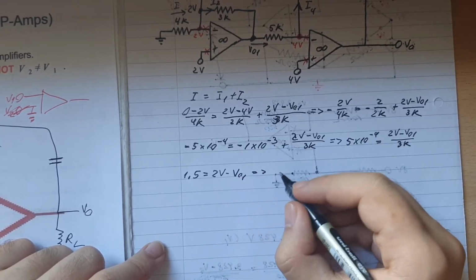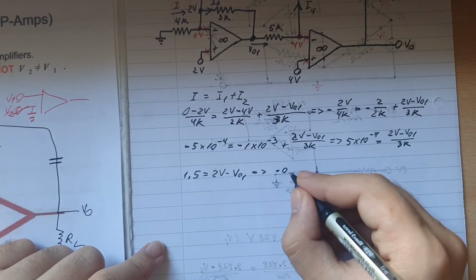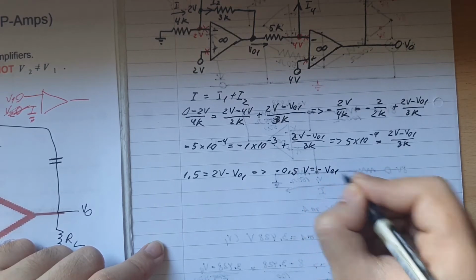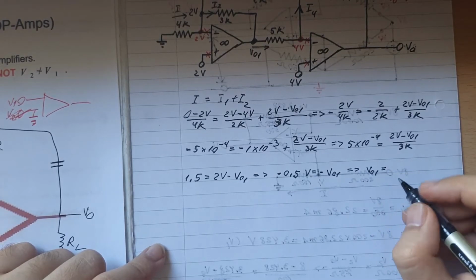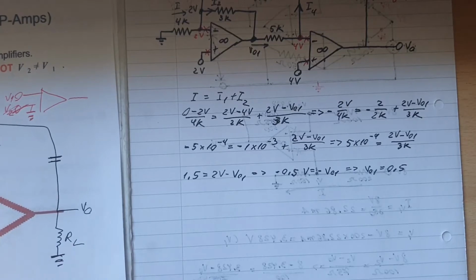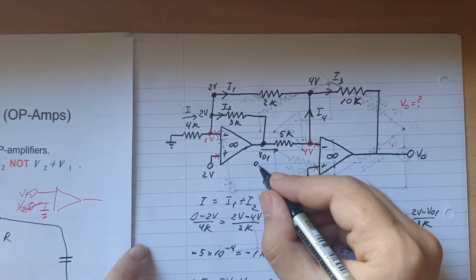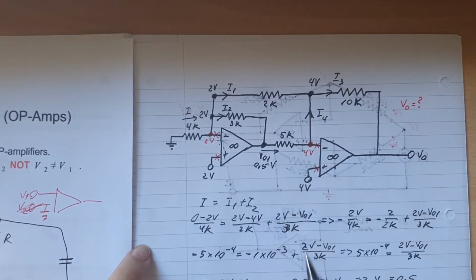So therefore 2V minus 1.5, that will be minus 0.5 volts, and that will be equal to minus VO1. And therefore VO1, surprisingly enough, will be a positive 0.5. Alright, so that was simple. So that's 0.5. Okay, so we have this voltage here.